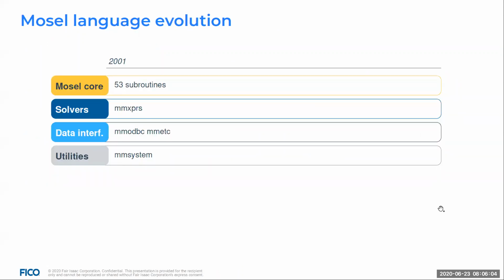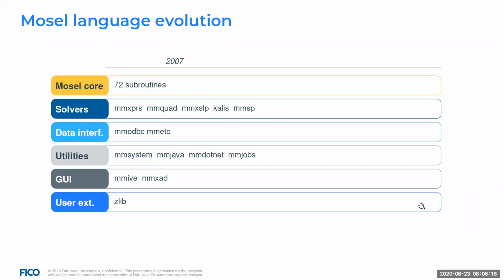But just a graphical representation of what I was saying previously: we try to keep the core small. So we started off with a bit over 50 subroutines, with few extension modules, and then skipping to the next release, you see many solvers added, some utilities. And you see over time that we're building out the open source portion, so these user extensions, so modules that are provided with full source publicly.